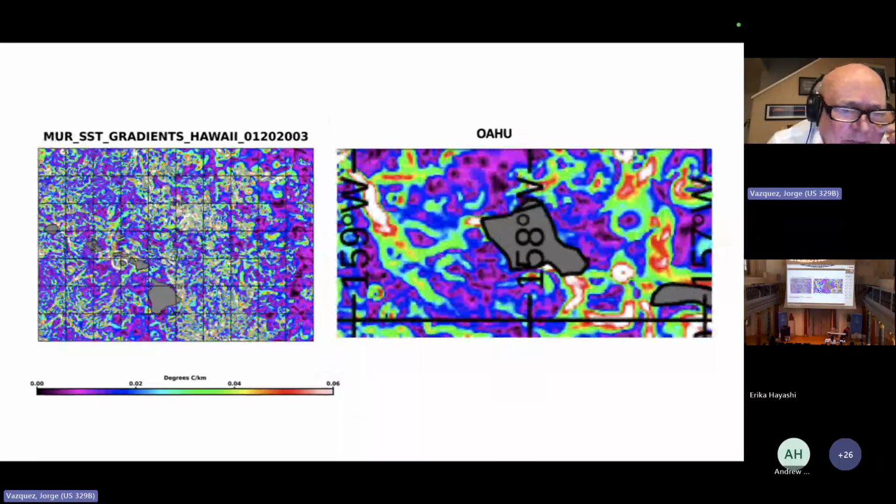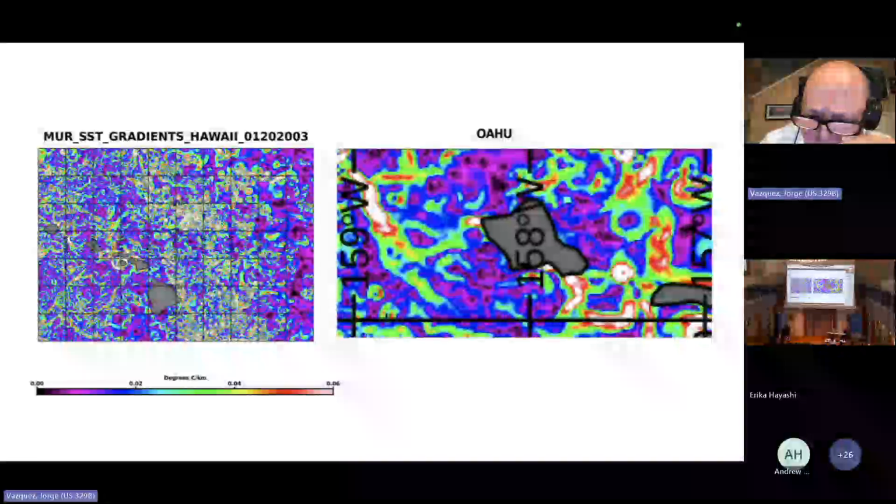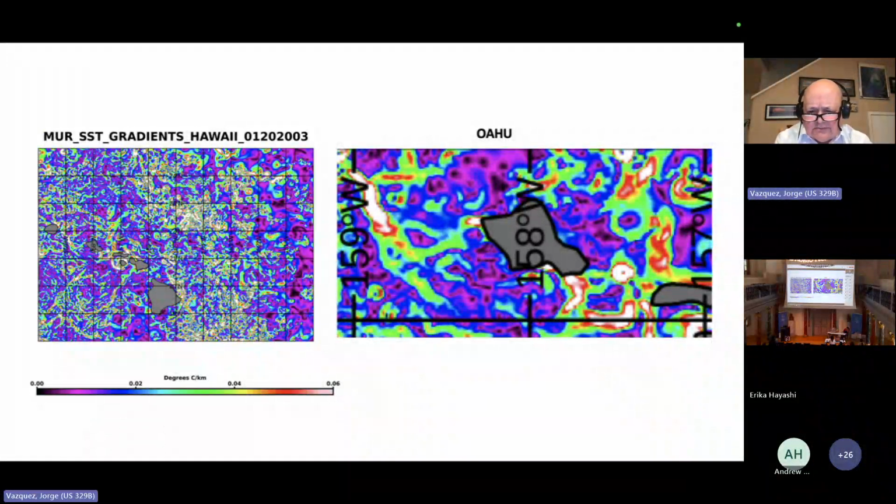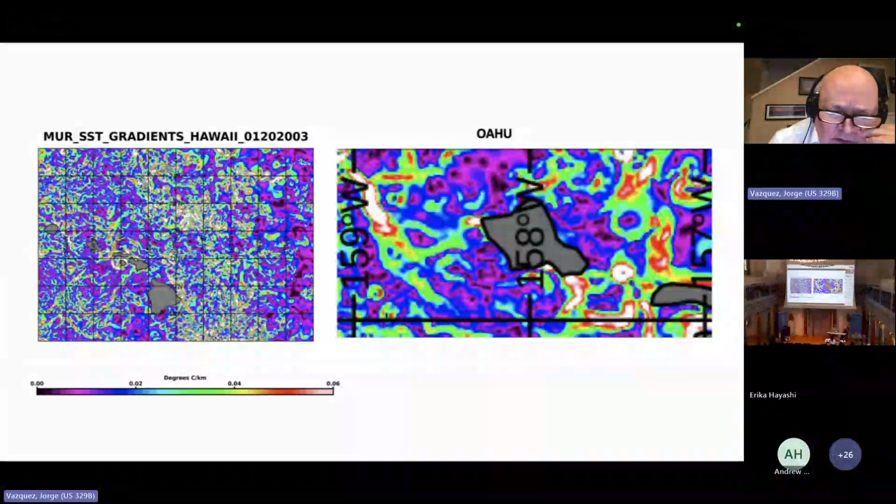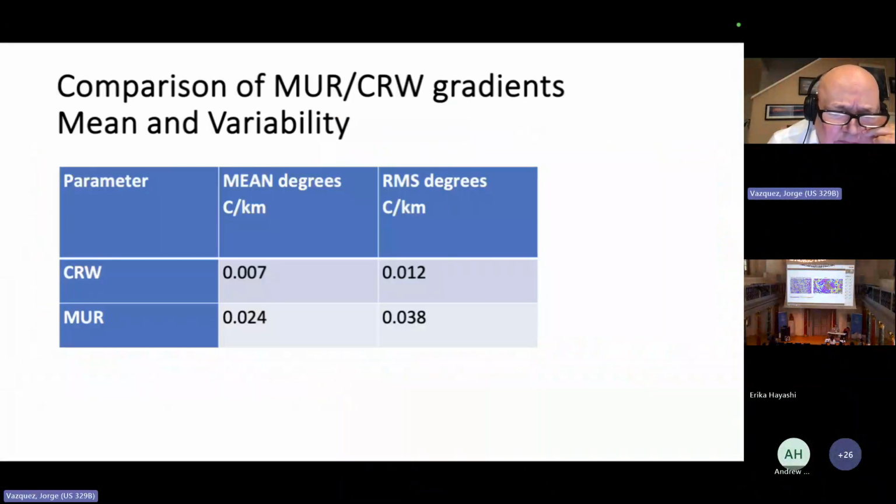And this is the same time, January 20th of 2003, but for the MUR SST gradients. You just see a huge difference in the gradients between MUR and Coral Reef Watch for this particular day. Off of Oahu, you also see very strong maximum gradient features off the coastal area. So this is the motivating factor for comparing how all of this might translate into the derivation of marine heat waves.